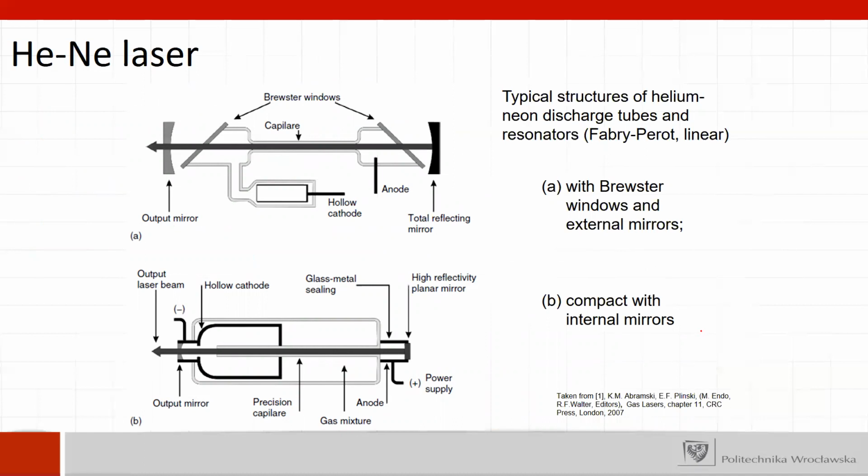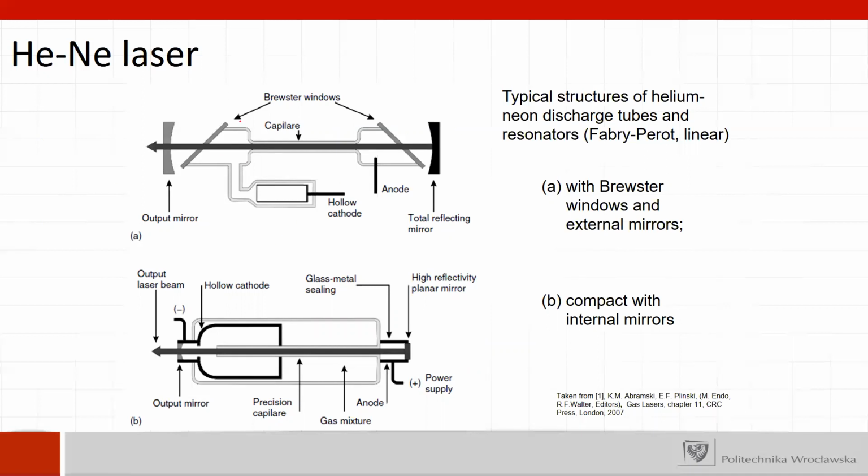I will start the description of gas lasers with the example of a helium neon laser. Then I will move to a CO2 laser, but in general the construction of most gas lasers is very similar. So the helium neon laser is a very nice example to describe the structure and the working principle of gas lasers.